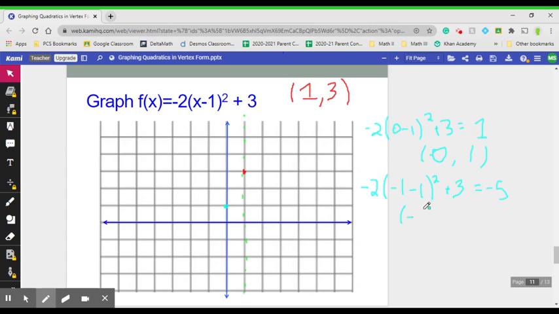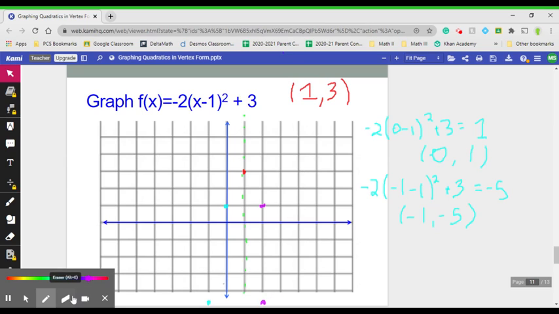So that means we're applying the point -1, -5. And that would be sort of off our graph, but we'll just put it right down here at the bottom. And now we just need to reflect our points across our green axis of symmetry.